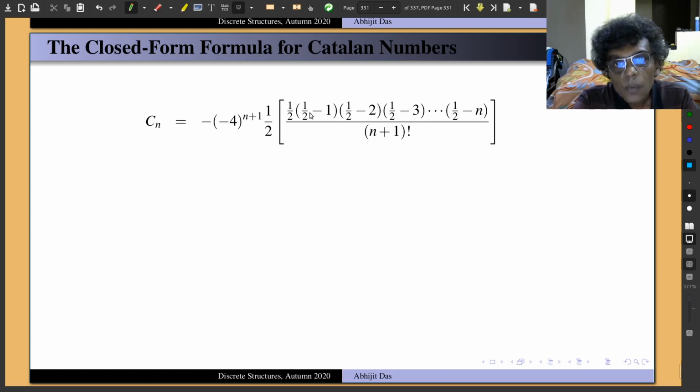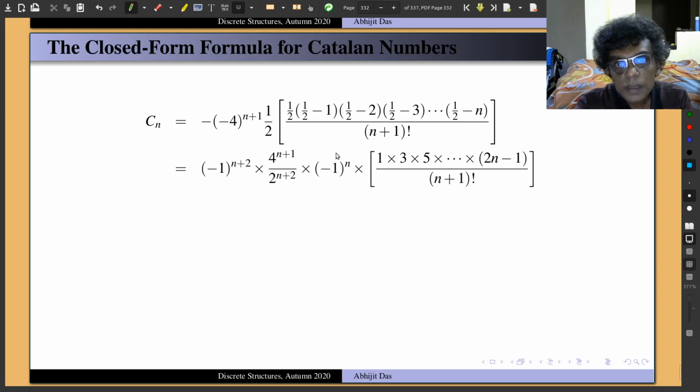Okay, so this is positive, but from this point, this is minus half, this is minus 3 by 2, this is minus 5 by 2, and so on up to minus 2n minus 1 whole by 2. So how many negative terms are there? n. So minus 1 power n, I just take out.